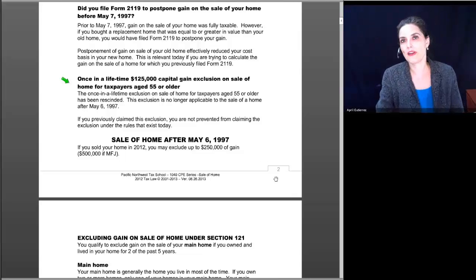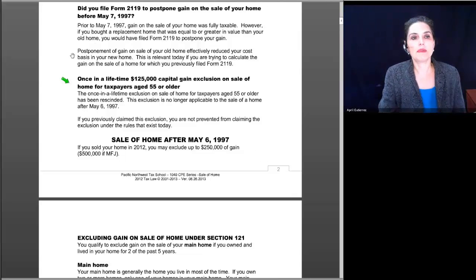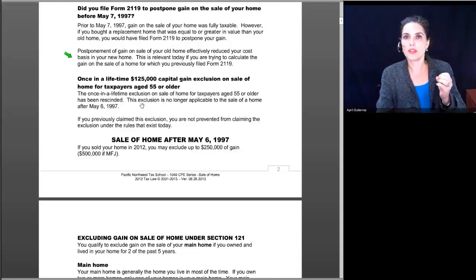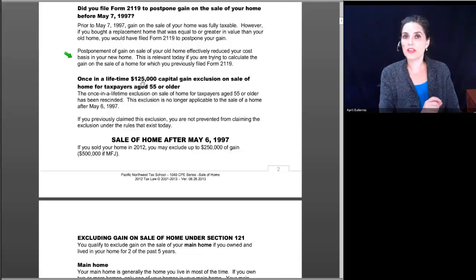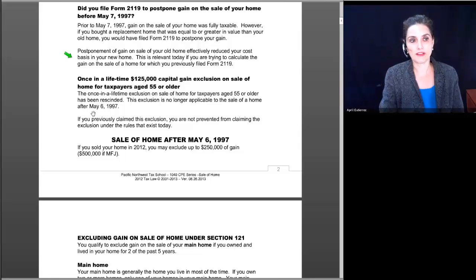So that's a relevant fact to keep in mind. And really the main reason we mention it is that when you are figuring the gain and how much gain can be excluded, you have to factor in any gain that may previously have been deferred because 2119 was filed.